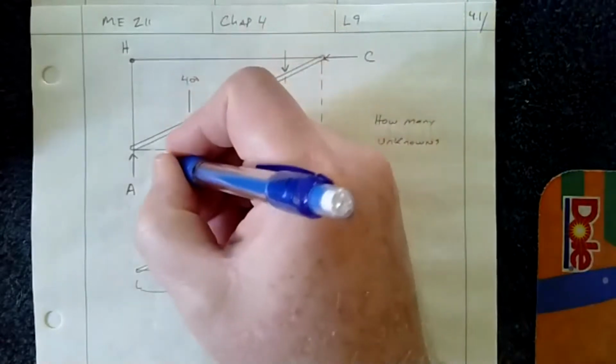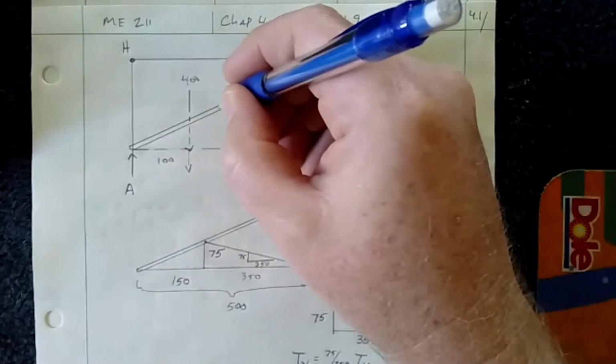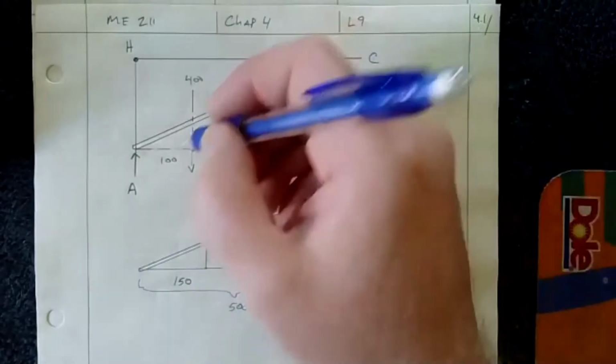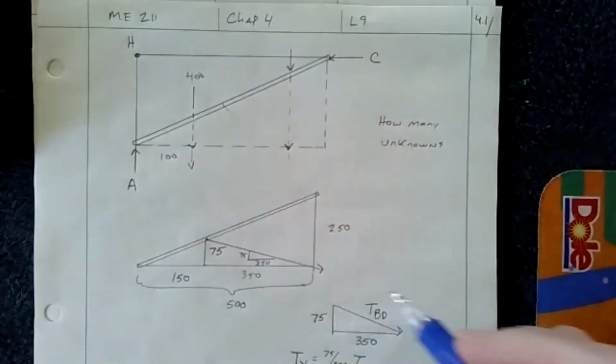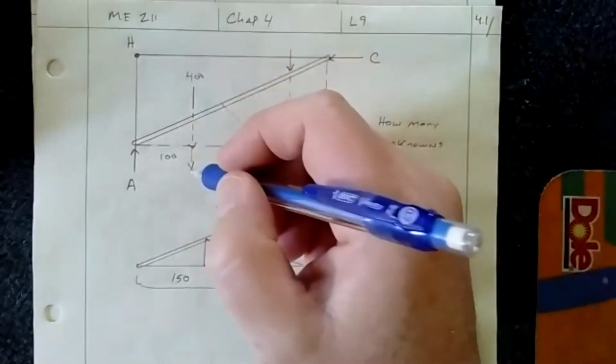So this is 100. Then we found that this distance here was different, but we don't care about that at this point. So we got the 400, and the other 400 here was a distance of a total of 400 millimeters. That's where that came from.